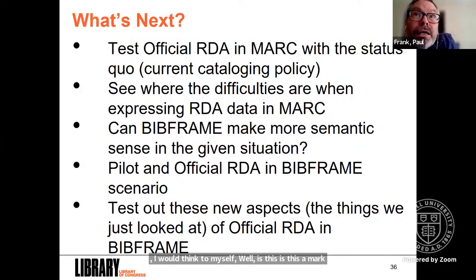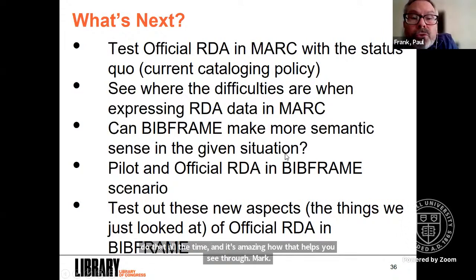And I bet you the answer is going to be it's a MARC problem. And so I would guess that BibFrame can make much more semantic sense in that given situation, and I would model it to BibFrame. I do that all the time, and it's amazing how that helps you see through MARC. It puts everything in a different perspective when you think of it in BibFrame terms.